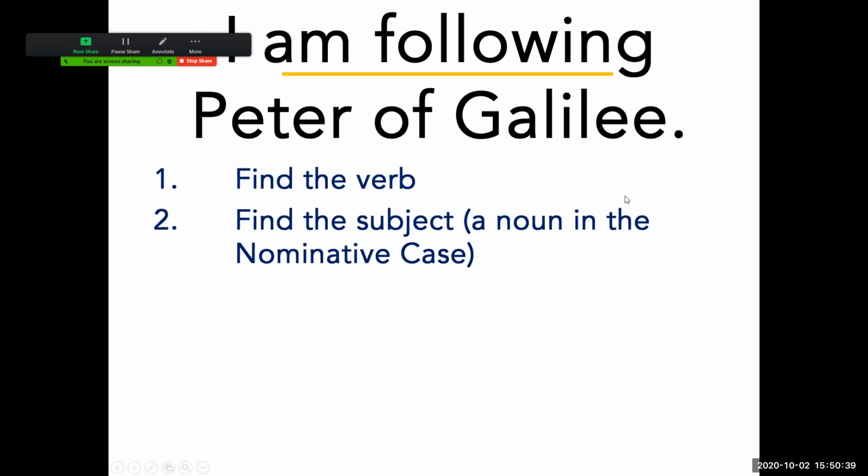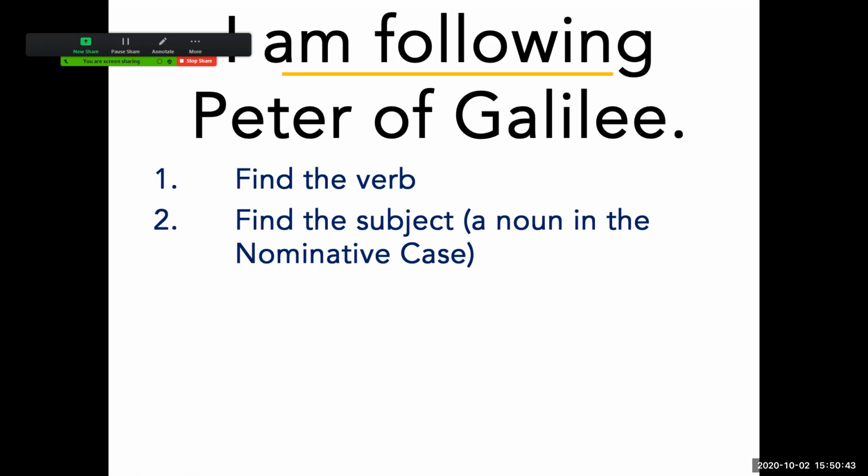A prepositional phrase, we say a preposition of Galilee, completes, adds to the sentence. But what we need to know right now is simply in a Greek sentence, find the verb, I am followed, and find the subject.